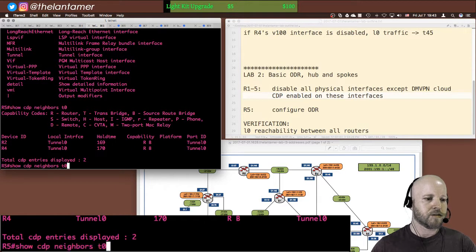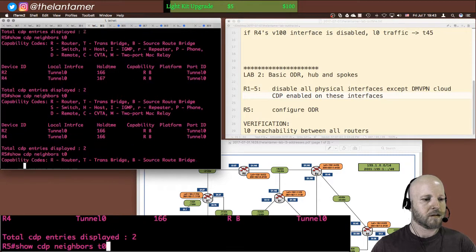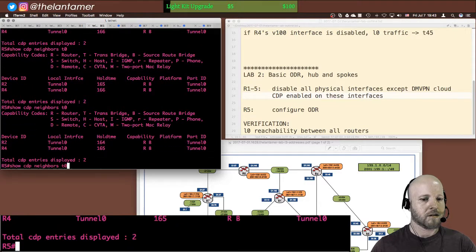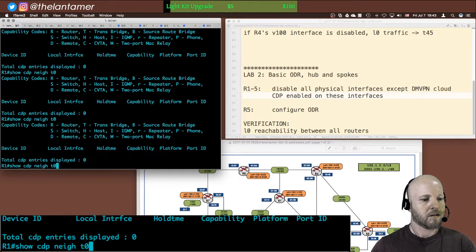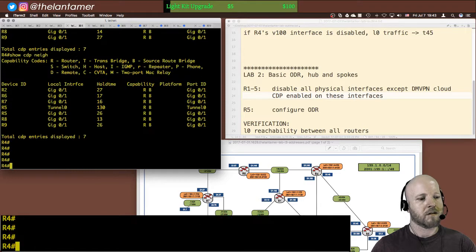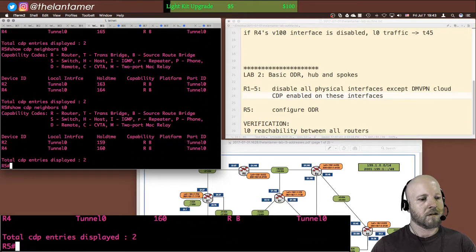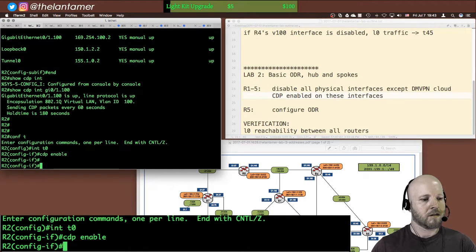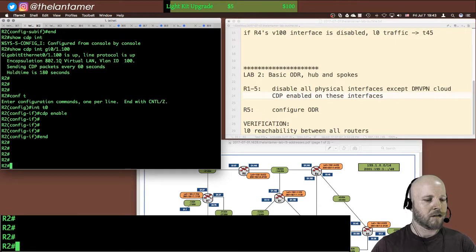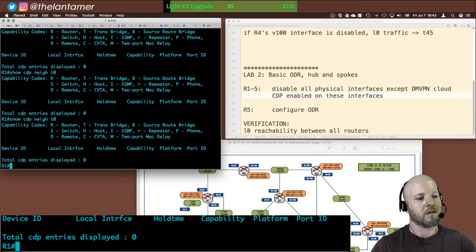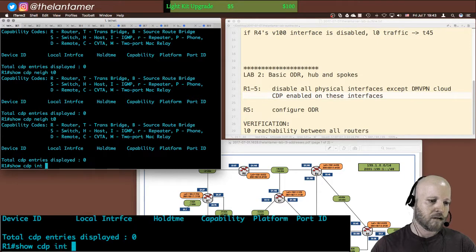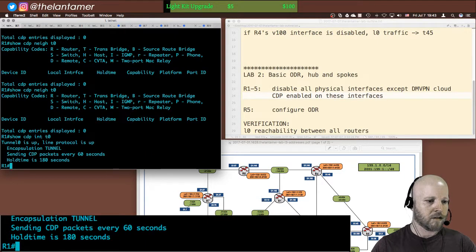Okay, R2 has come up. Every 60 seconds. Maybe it's just timing.